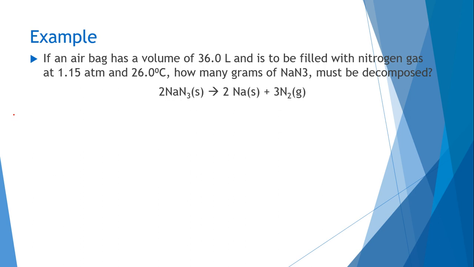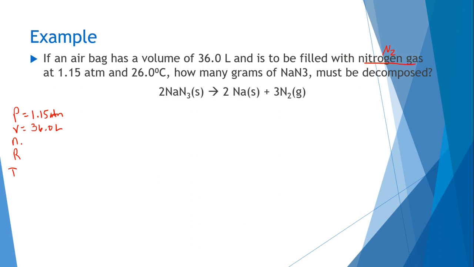If we look at our ideal gas law, PV equals nRT, our pressure given to us is 1.15 atm. Notice this 1.15 atm goes with nitrogen gas, which is N2. Our volume is going to be 36 liters, and this volume also goes with nitrogen gas.